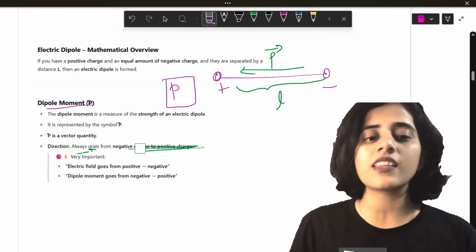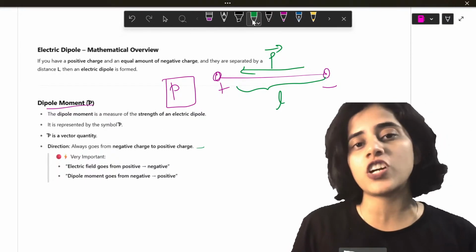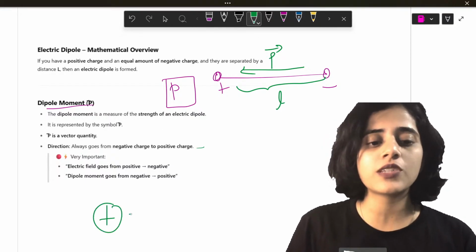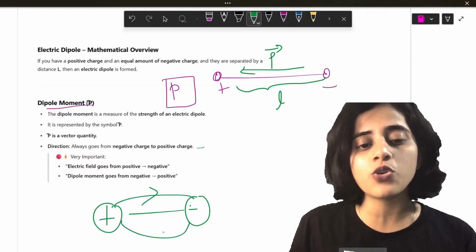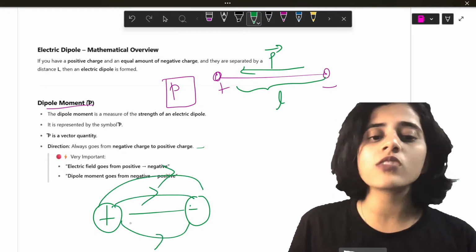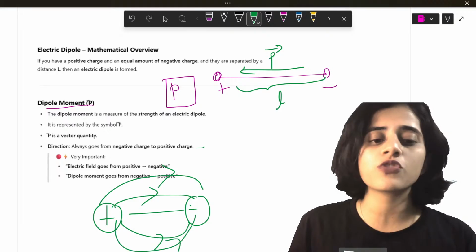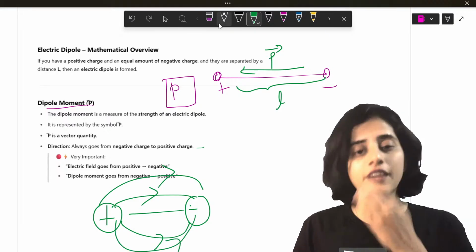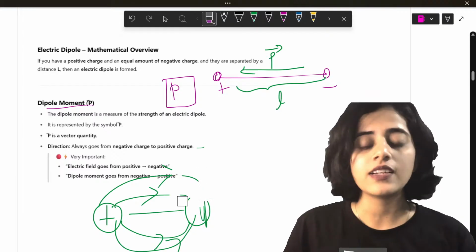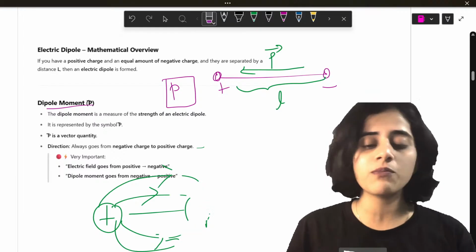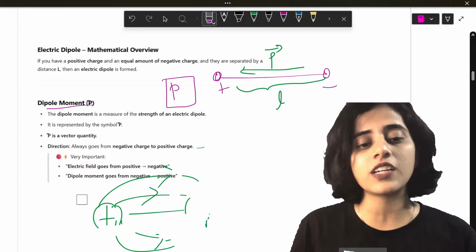But you have seen how an electric charge works. If you have positive and negative, the electric field lines always go from the positive to the negative. But a dipole always goes from negative to positive. That is one thing you have to keep in mind. The direction is important because dipole moment is a vector quantity. What is a vector quantity?